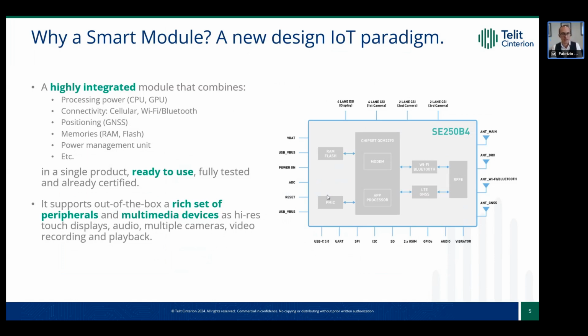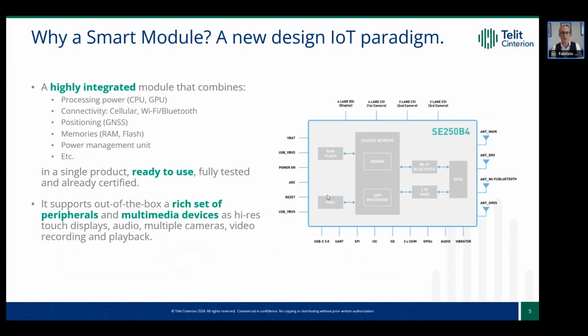So, as I already said in the previous slide, a smart module is a highly integrated module that combines processing power, connectivity, positioning, memories, and so on. But it's not only that. As I already said, they run a high-level operating system that supports out of the box many peripherals and many multimedia devices, like, for example, audio and video recording and playback.